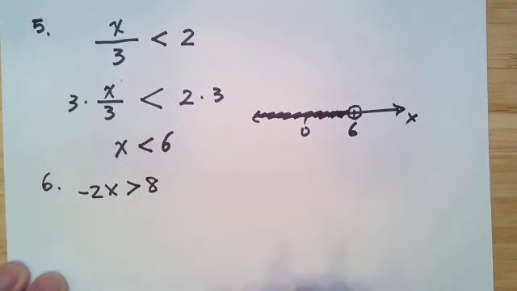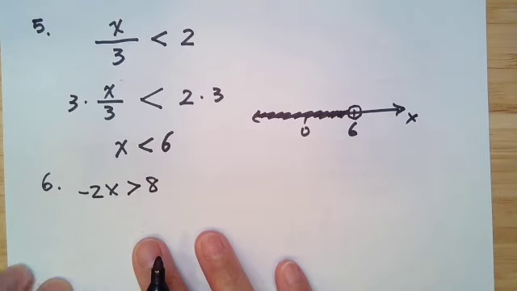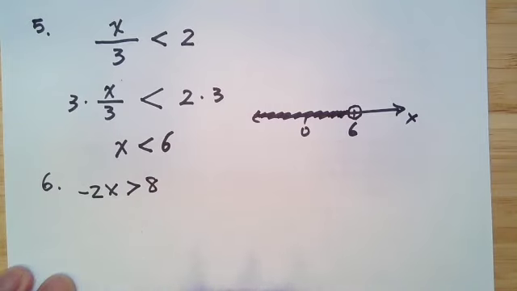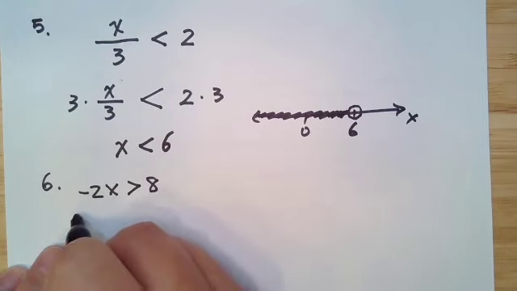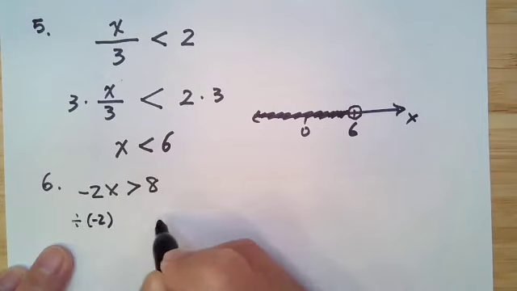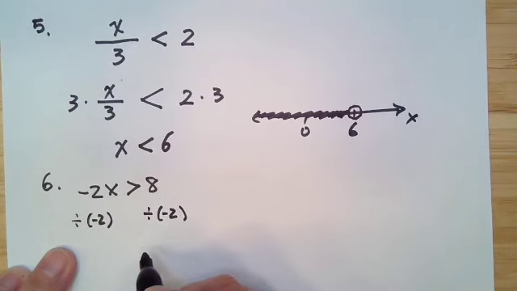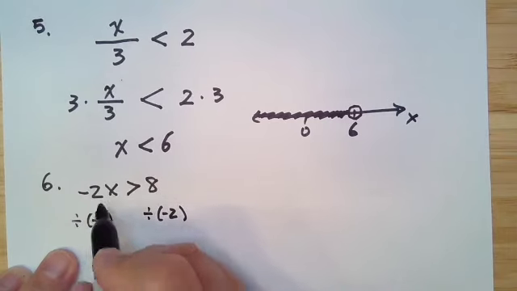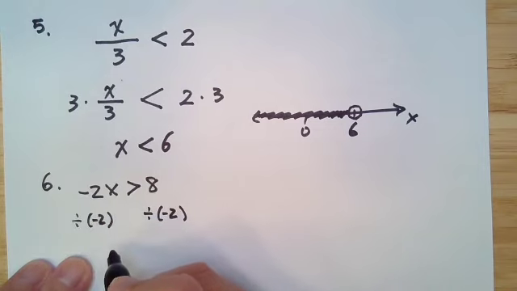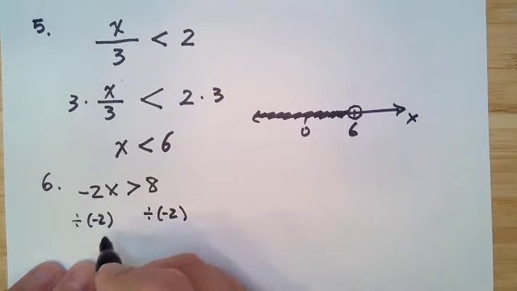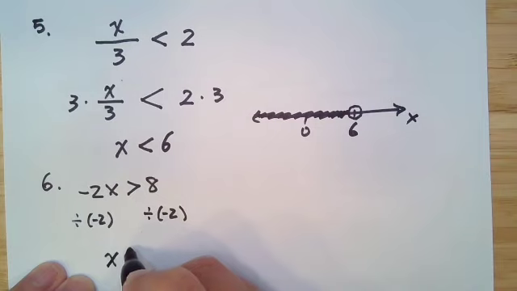Again, you think about how you do this when you solve an equation. You divide it by -2, right? But when you solve this inequality, you have to be very, very sensitive when you multiply by or divide by a negative number. So when you divide both sides by -2, you will need to change the direction. So negative 2x divided by -2, you have x, and you're going to change this to that.